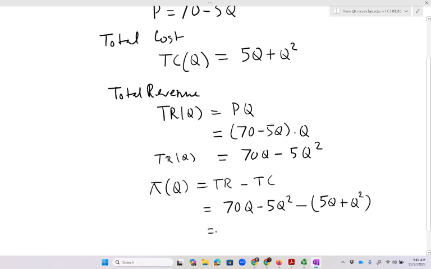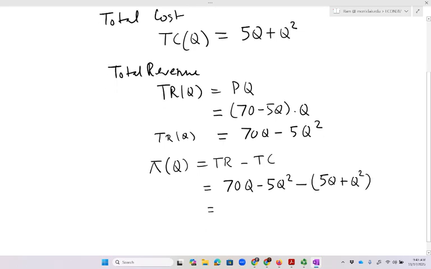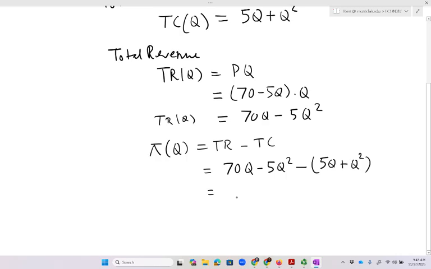So we can simplify this expression by opening the parenthesis. We have a negative in front of the parenthesis, so for each term in the parenthesis, the sign should be reversed. So 5Q, which is positive, becomes negative 5Q.